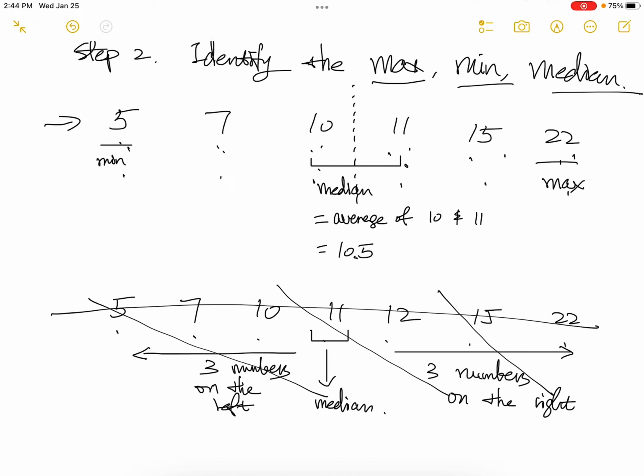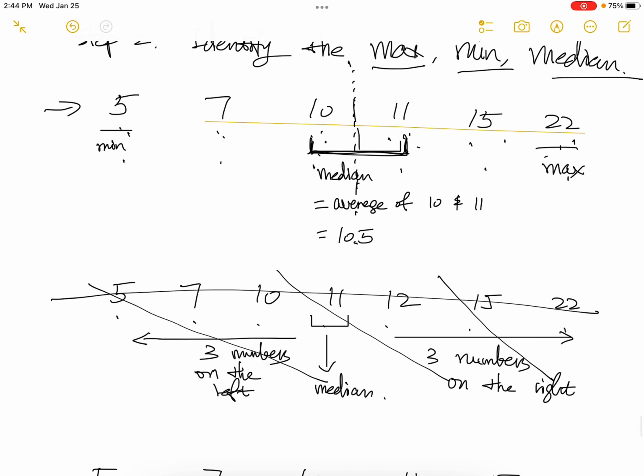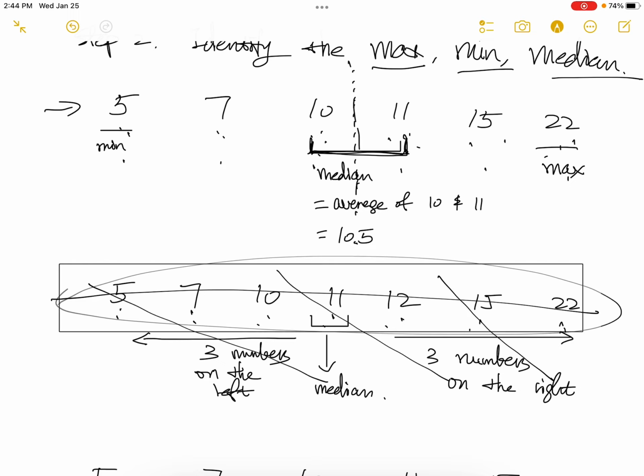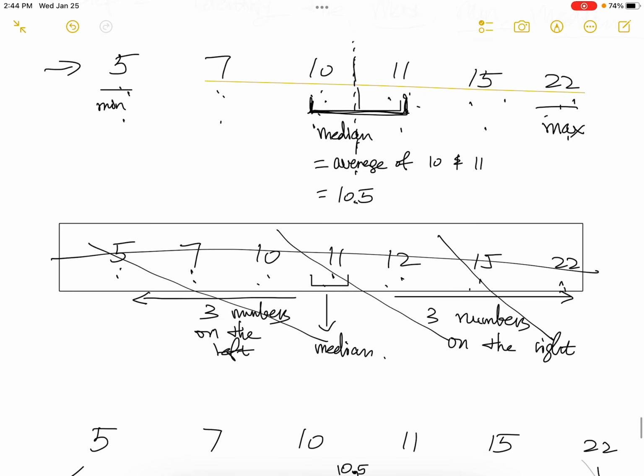Then you split the ordered series down the middle, and the median is going to be the average of these 2 middle numbers. Whereas if you have an odd count of numbers, like 7 numbers over here, you're just splitting it right down the middle, and whatever number is left in the middle, 11 in this case, is the median.